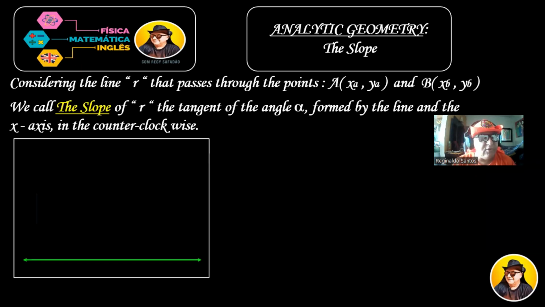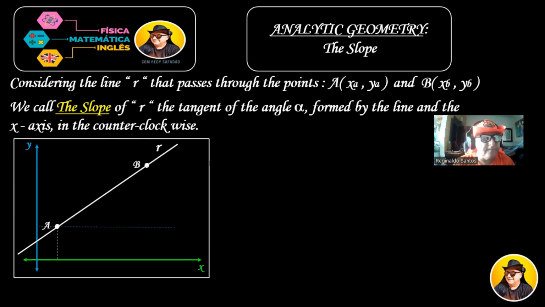All right, so let's draw here line R in green and line Y in blue. So this is the line R. Now let's write 2 points on this line, points A and B, and see their coordinates.